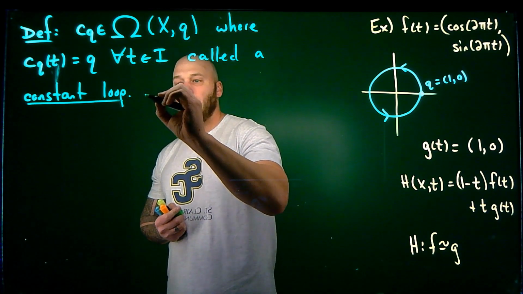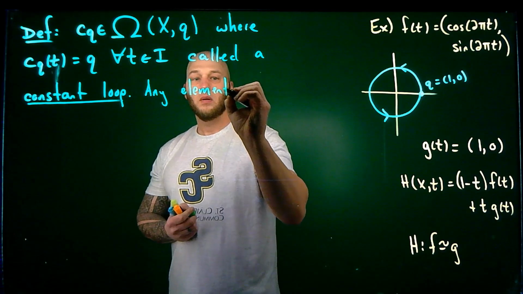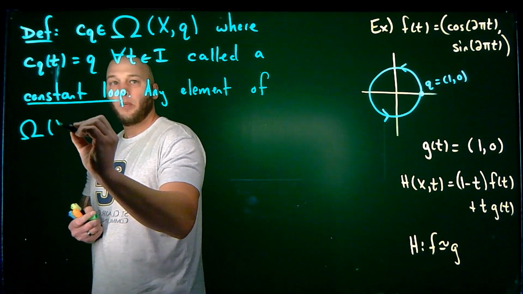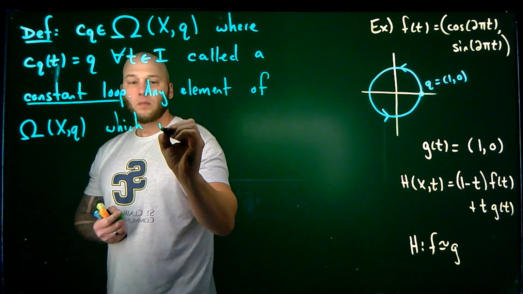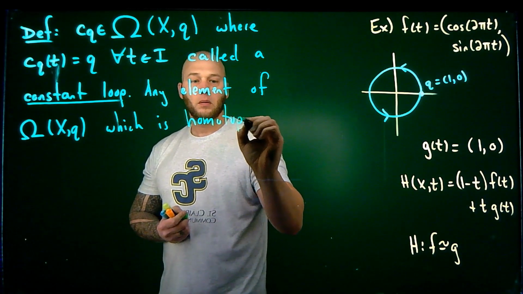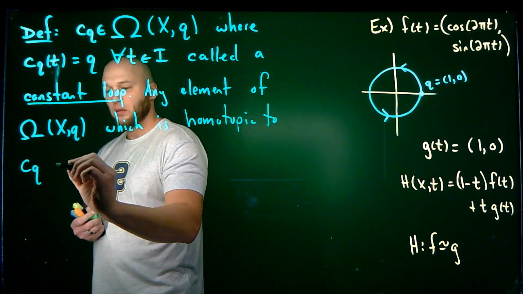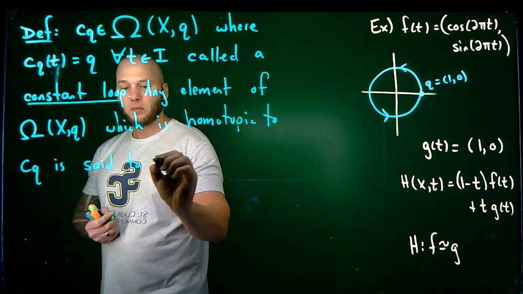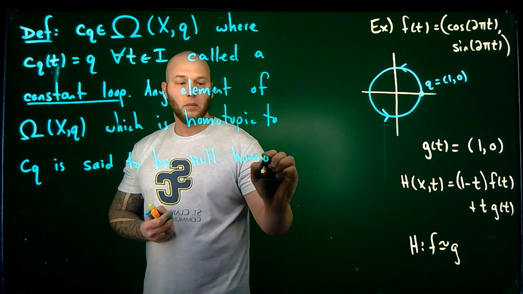Any element of Omega_X,Q which is homotopic to C_Q is said to be null homotopic.